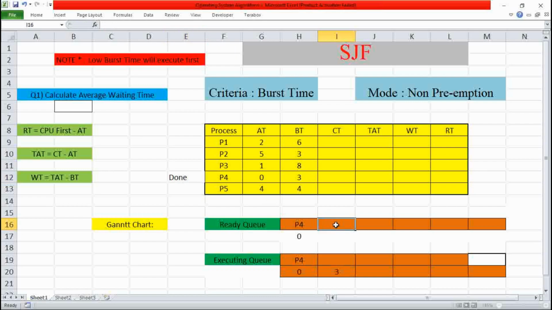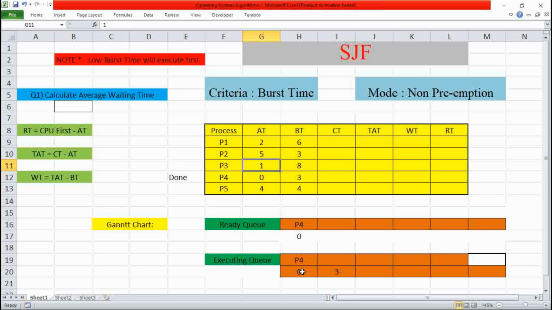Now here's where the main logic of SJF comes into the picture. Now see, in executing queue 0 to 3, is there any process which has arrived within this period from 0 to 3? Yes, it's P1 and P3. See, 2 and 1.